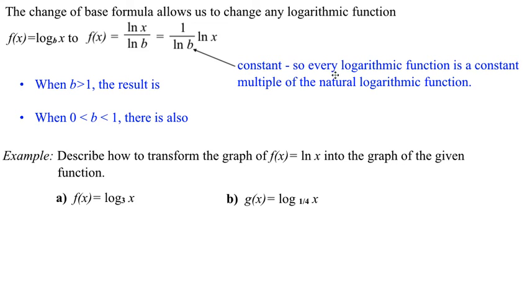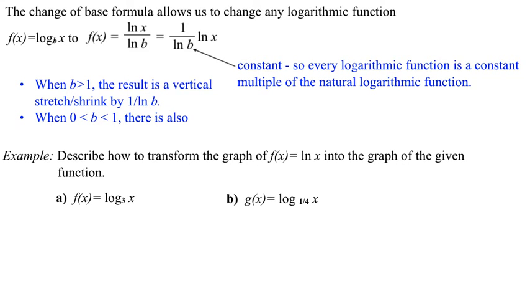So that tells us that every logarithmic function is a constant multiple. Remember, this is a constant, and it's a multiple of the natural log of x, which is a really cool thing. So when b is greater than 1, if that number is bigger than 1, we end up getting a vertical stretch or shrink by a factor of 1 over whatever that constant is.